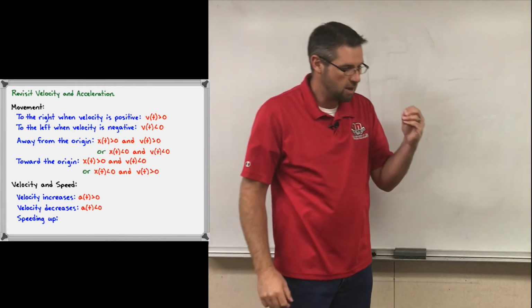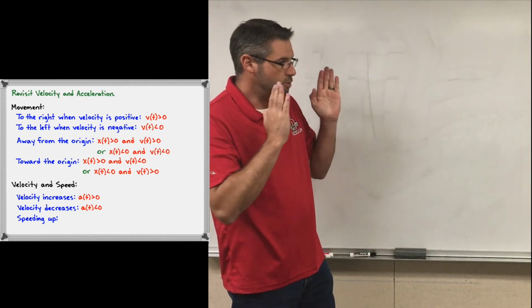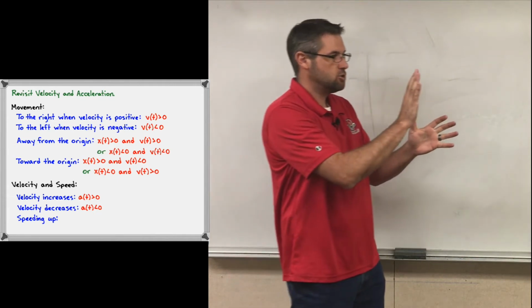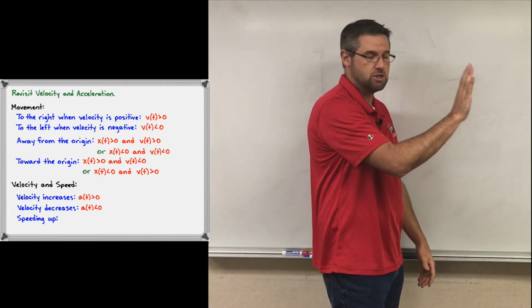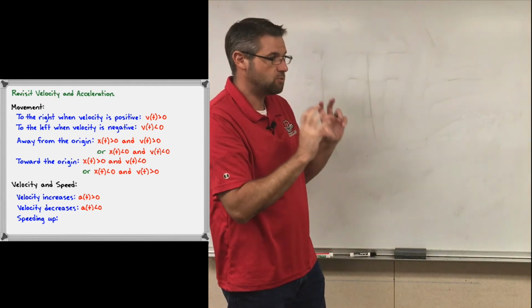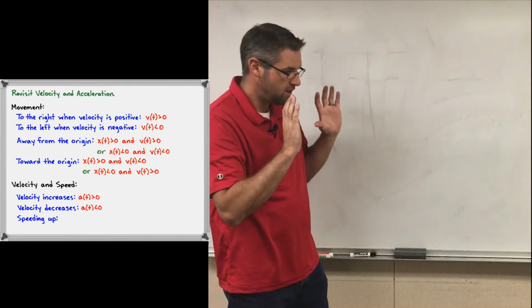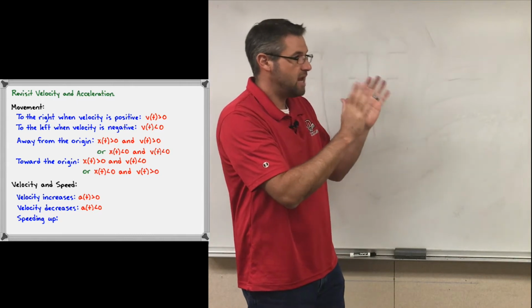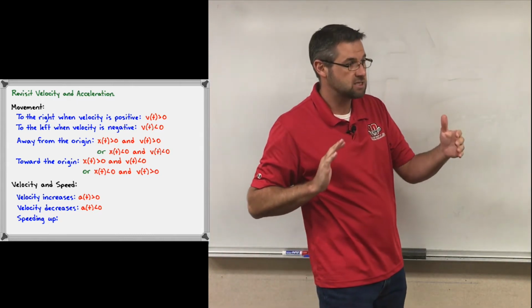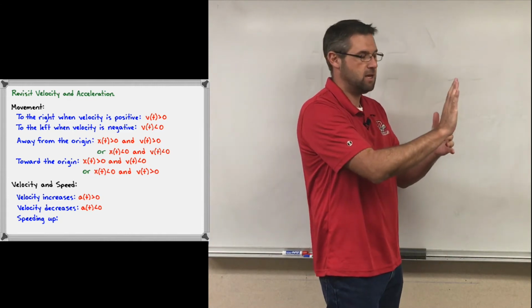I'm speeding up if I am moving in a direction and something pushes me to move faster in that direction. Okay? So I'm moving in a direction that is based on velocity. My direction is based on my velocity. So if my velocity is positive, then how do I speed up? It would be if acceleration, the force behind the velocity, propels me, pushes me. Okay?